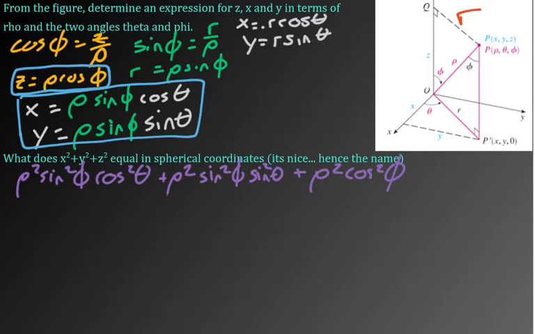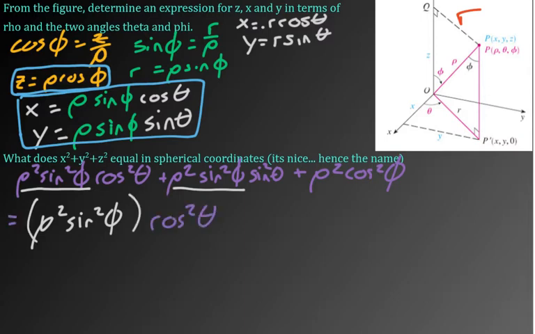Here you can take out rho squared sine squared phi from the first two terms, and you get that, plus this, which is just my z part copied over. And then this is a 1.